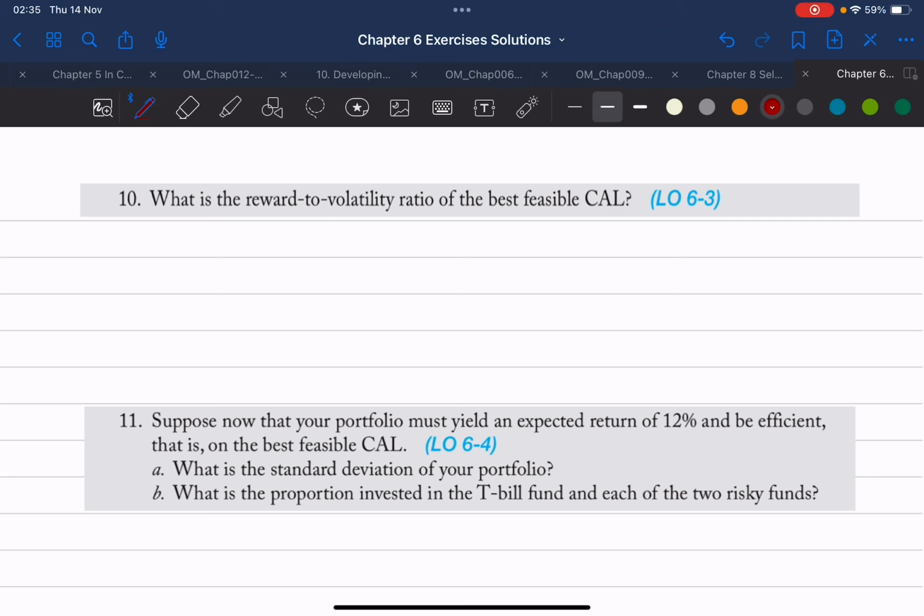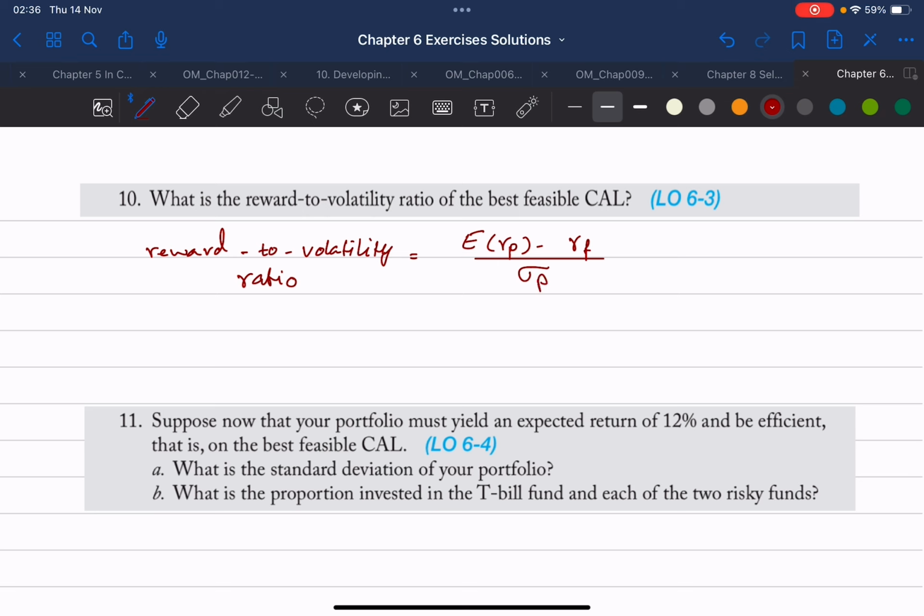Just remember that the Sharpe ratio, or the reward to volatility ratio, we calculate by calculating the risk premium over the standard deviation of the portfolio, right?